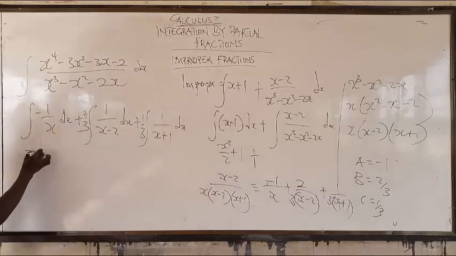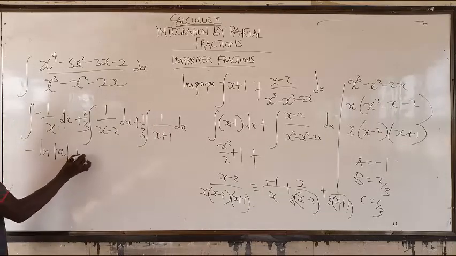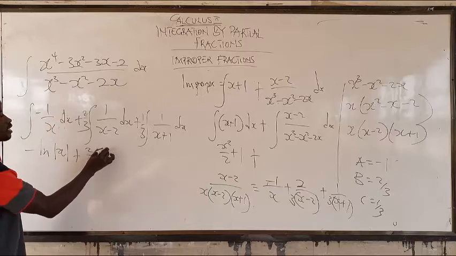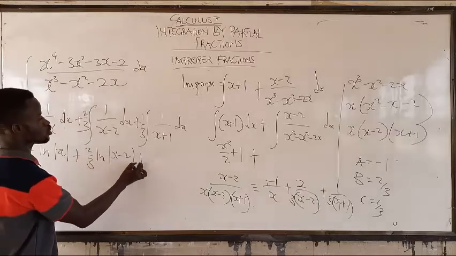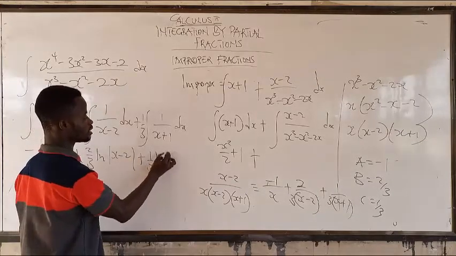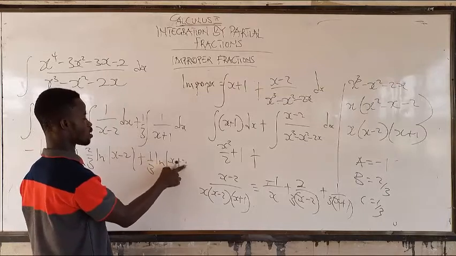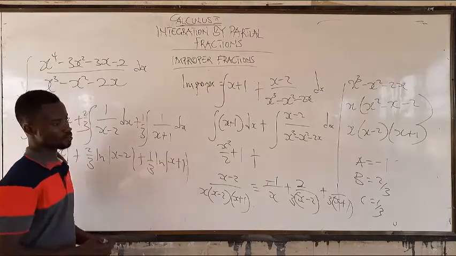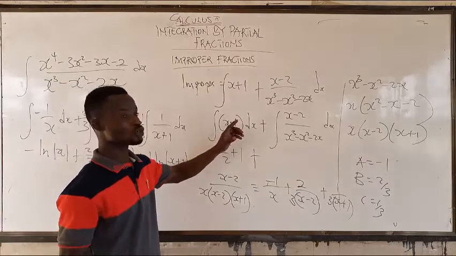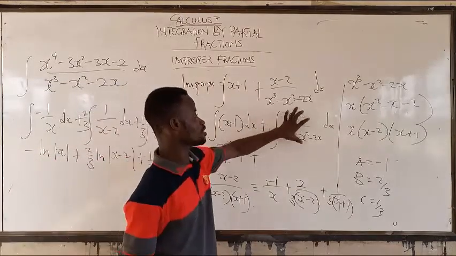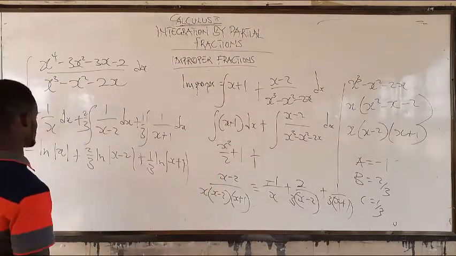So you can see this is negative ln x plus 2/3 ln (x minus 2) plus 1/3 ln (x plus 1). So to combine everything, the result for this is this.